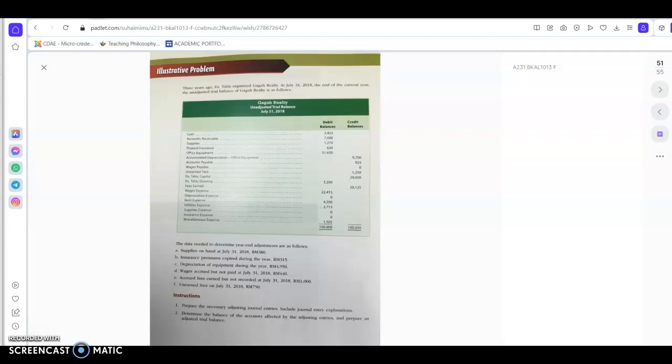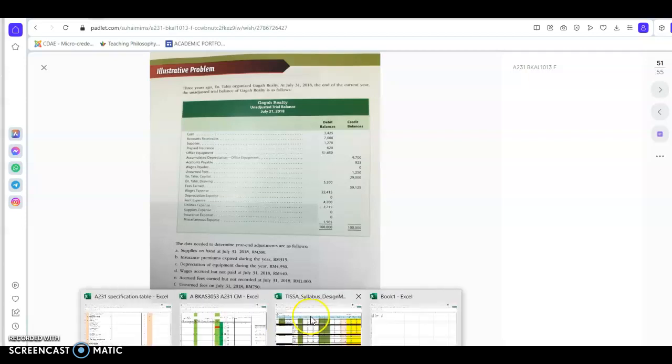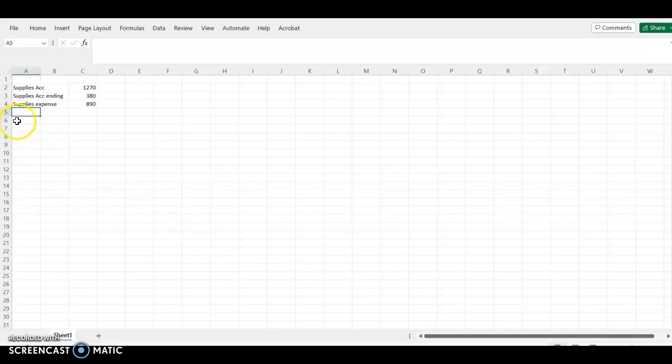We have prepaid insurance 620. Prepaid insurance ending 315.